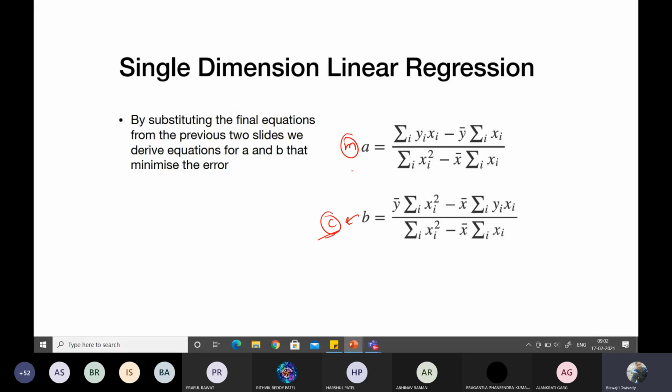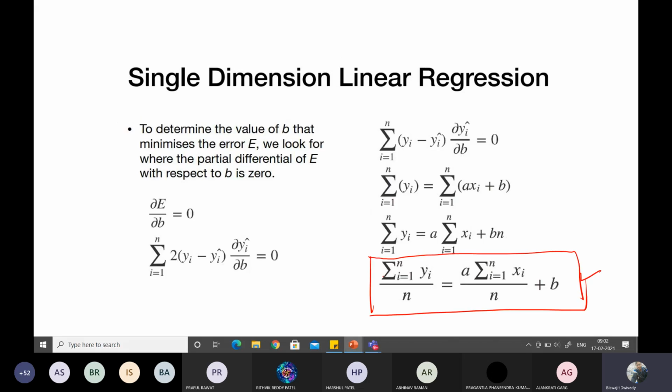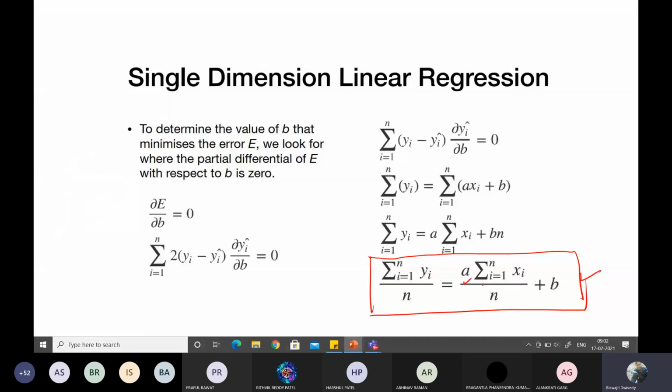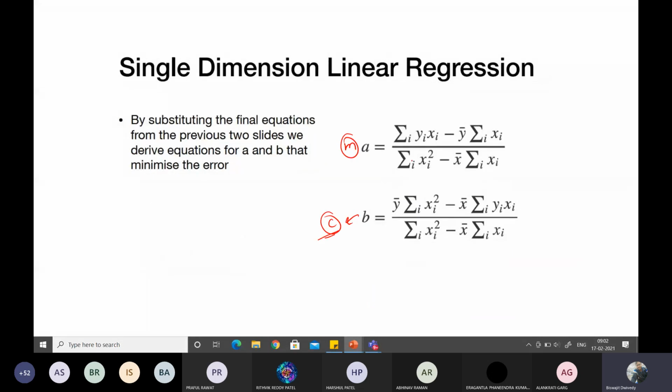You can see two equations are there, based upon a and b as your variables, and two unknowns. So with two equations and two unknowns, you can solve them, and by doing some mathematical manipulations, we can find the values of a and b. This is the technique by which the slope and the y-intercept are found.